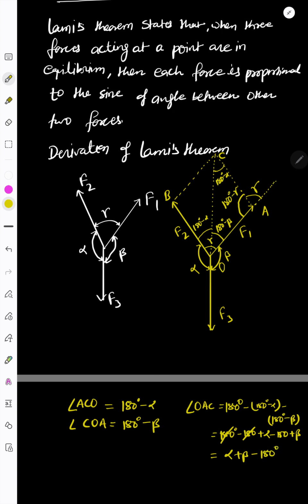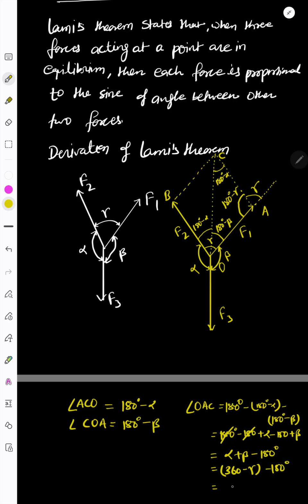So alpha plus beta, what will we write here? As the included angle is gamma, instead of alpha plus beta we can write 360 degree minus gamma, minus 180 degree.